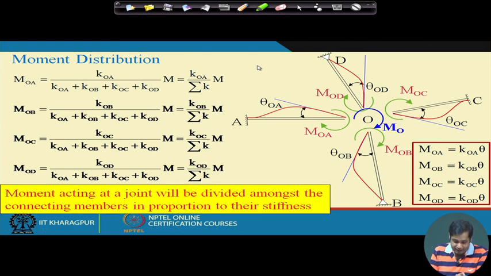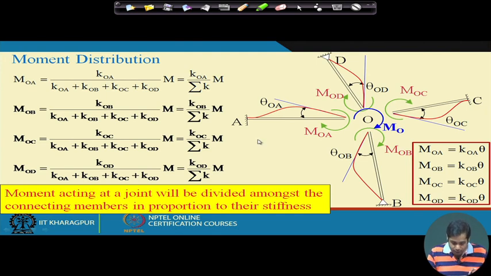This says that if we take a rigid frame and apply a moment at any joint, then that moment will be distributed among the connecting members, and in what way will they distribute? This equation says that they will distribute in proportion to their stiffnesses. Okay. So, based on their stiffness, they will get distributed.